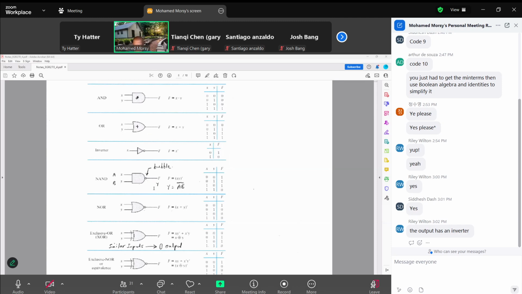Who said bubble? 7, and someone else, 2. Okay, fine. Thank you. Yeah, we have a bubble here. The bubble is this circle here at the output.